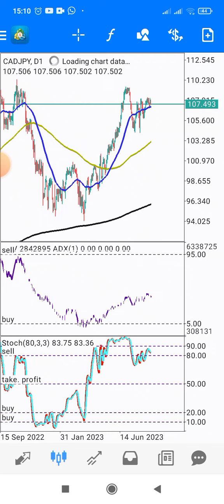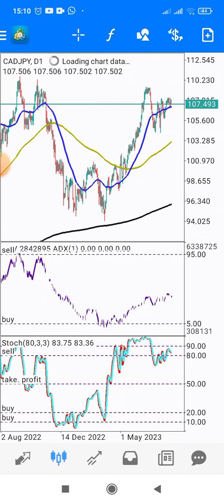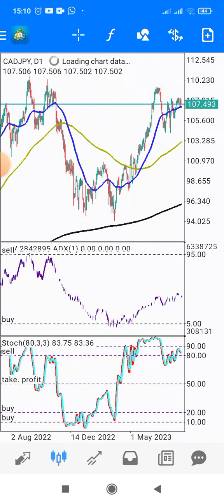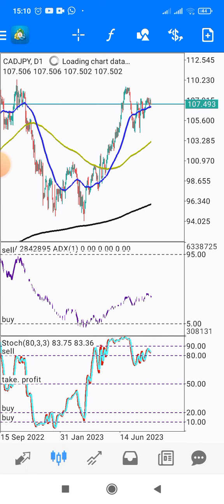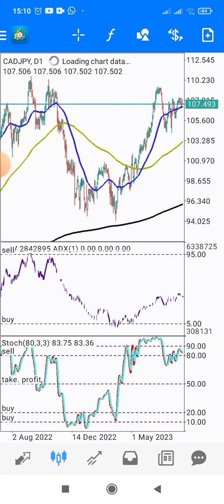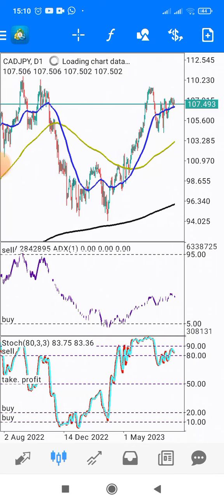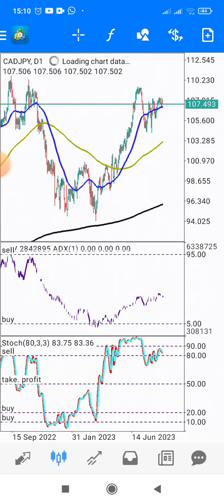Let us go to the daily chart. This is our daily chart. We are able to tell the direction of the market. The first window gives us the highest and the lowest points in the market. The second window gives us the perfect timing to enter the market.